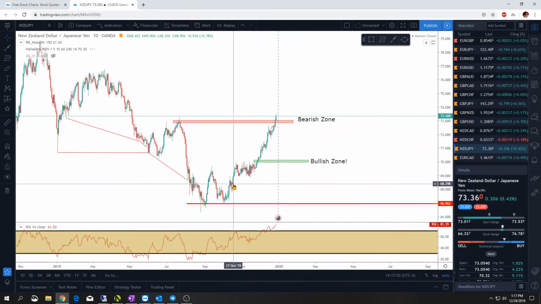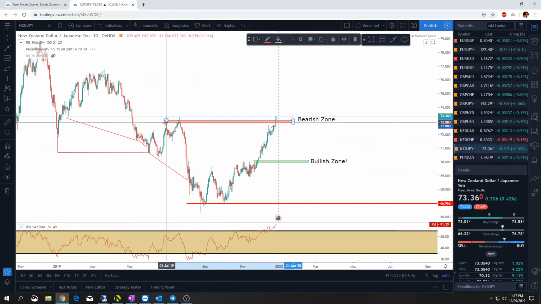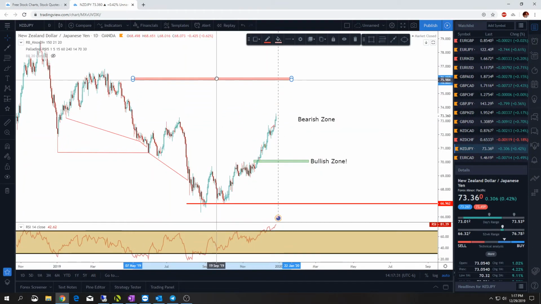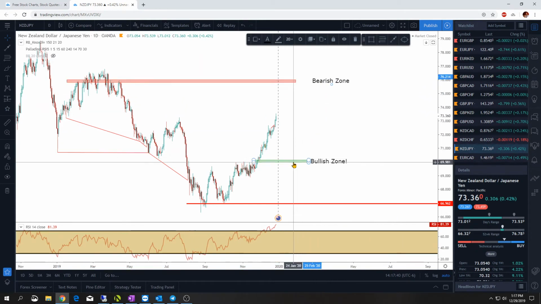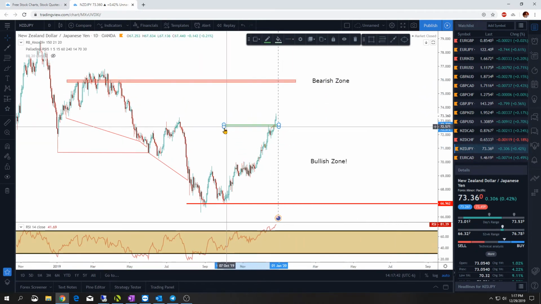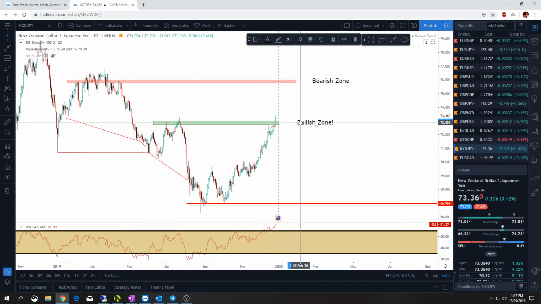New Zealand dollar, JPY. All right, so we're identifying this resistance level, and as you can see, we've broke it. So now we got this level to be looking at, and now what our former bearish area is now going to be our bullish area.